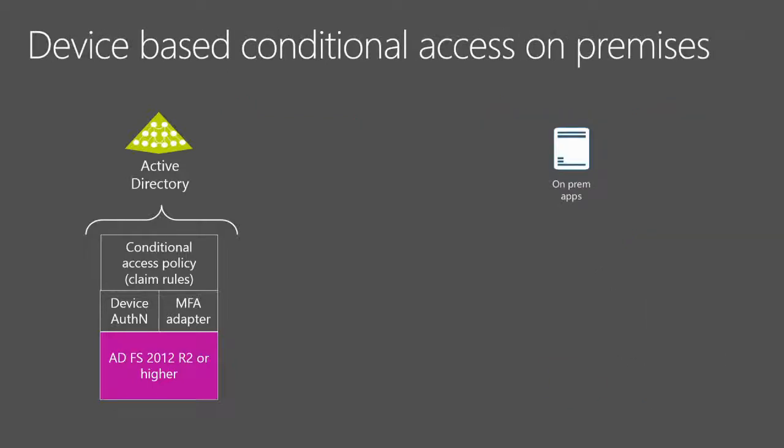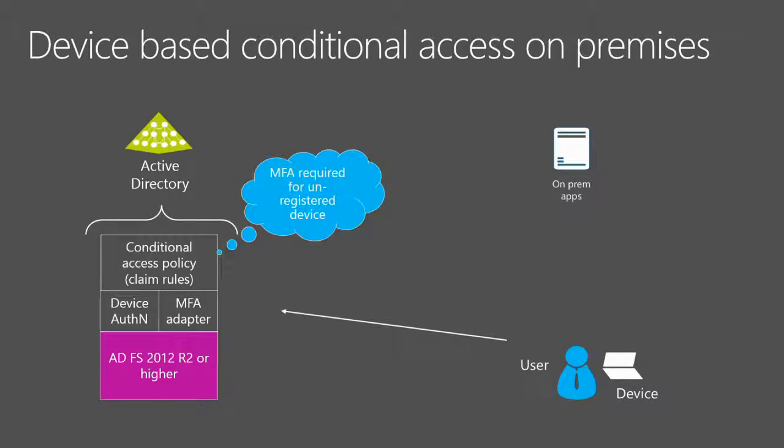So how it looks in an authentication and access scenario is my user with his device goes to access an on-premises resource behind ADFS, and that authentication request, of course, goes over to ADFS to be authenticated. For example, this ADFS happens to require multi-factor authentication for an unregistered device.